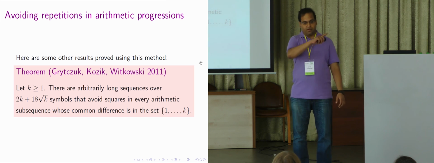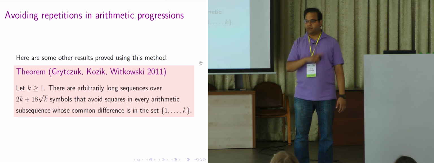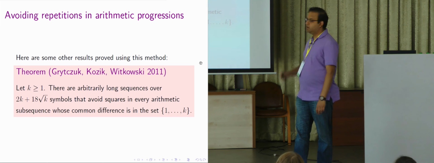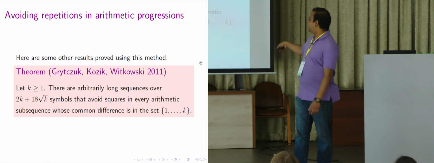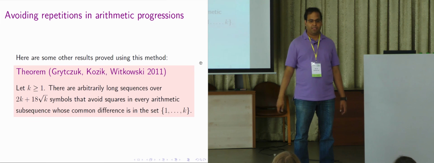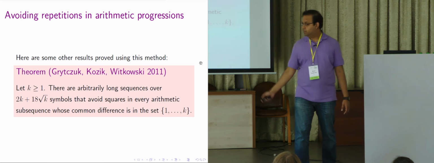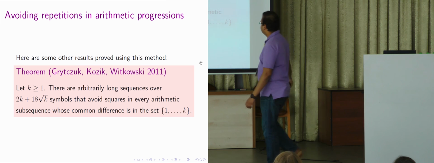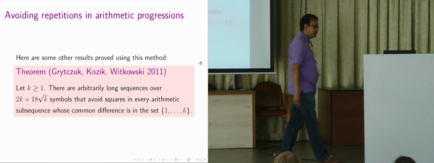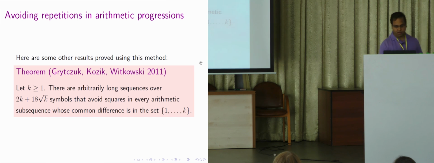All arithmetic progressions of difference 1, difference 2, 3, up to k are square free. So you need roughly this many alphabet symbols, and you can do it.